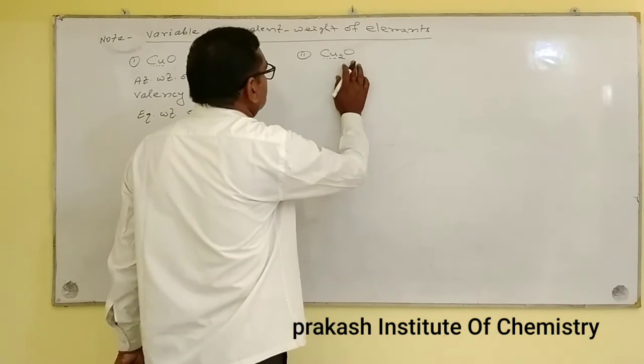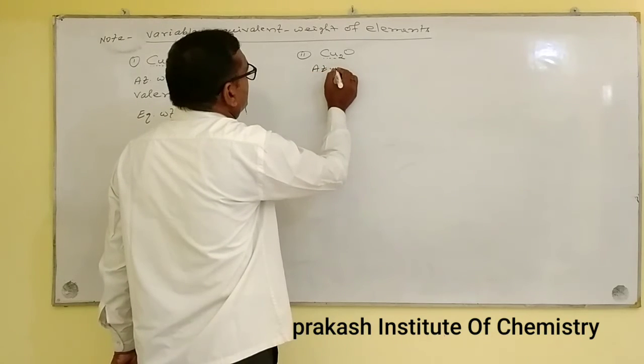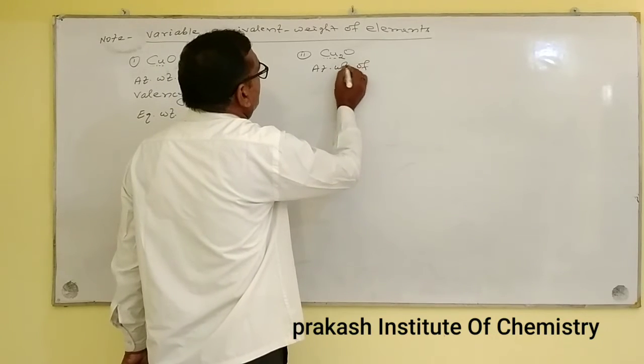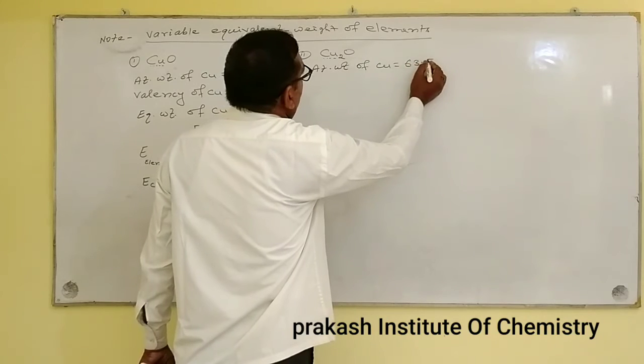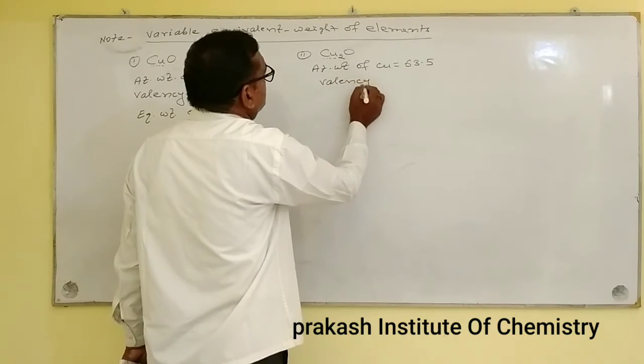In cuprous oxide, atomic weight of Cu is 63.5.